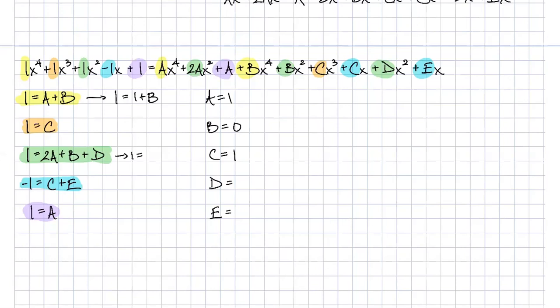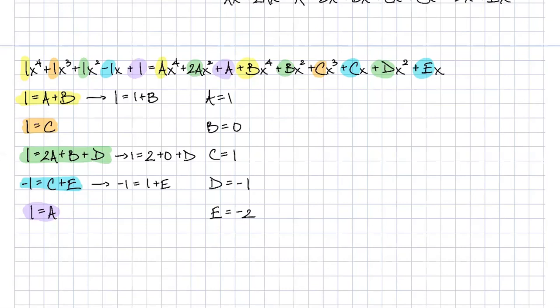Negative 1 equals 2 plus 0 plus D, and that makes D equal to negative 3. And then last one, let's find E. We've got negative 1 equals 1 plus E. So E equals negative 2. Okay?